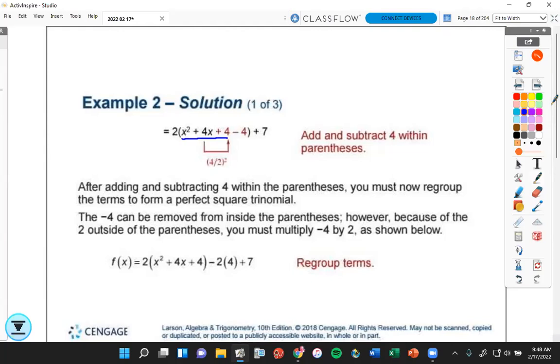You don't want to distribute. Not right now. What do we want to do? We made a perfect square. What do we do to this perfect square? Factor it. We're going to factor that perfect square. What does x squared plus 4x plus 4 factor into? X plus 2 and x plus 2, right?